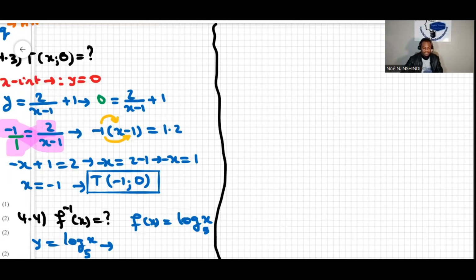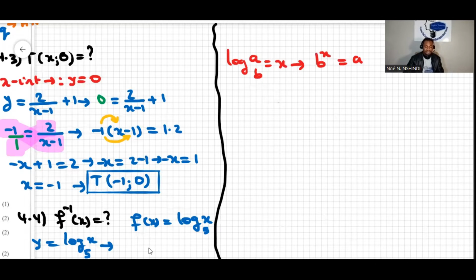So we know that if log of a base b equal x, this implies that b to the power of x is equal to a. So in this situation, we have y equal to log of x base 5. Hold on, I want to write it this way.